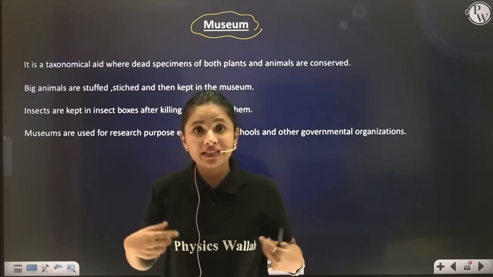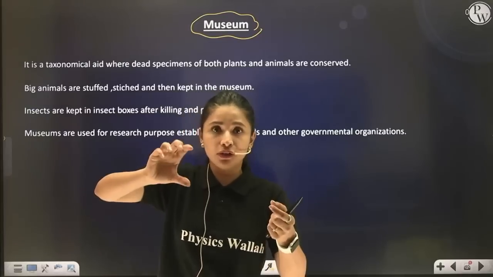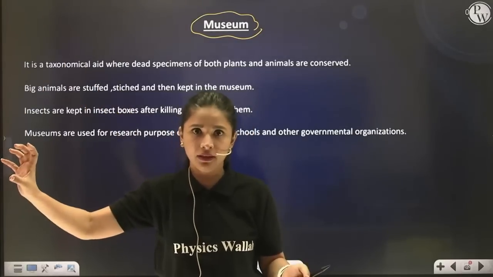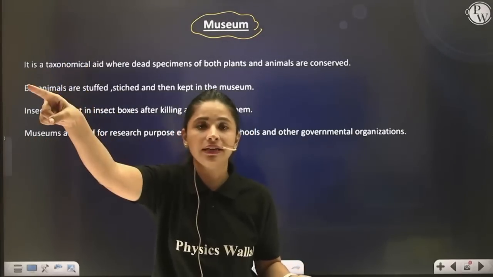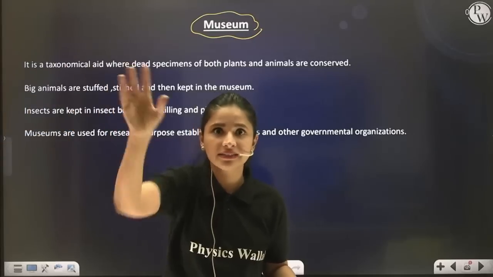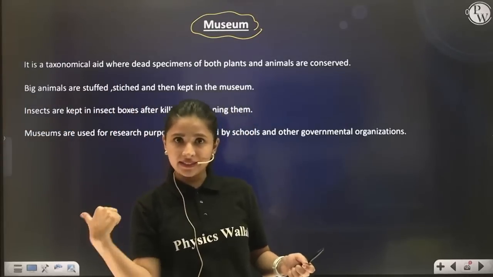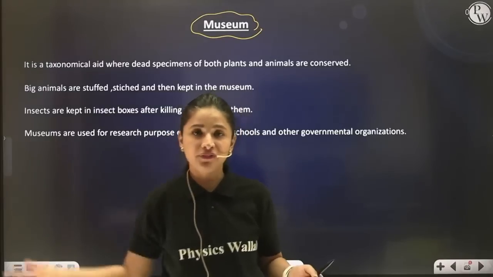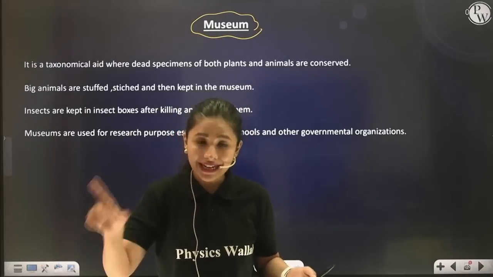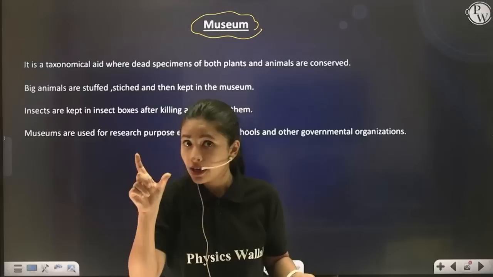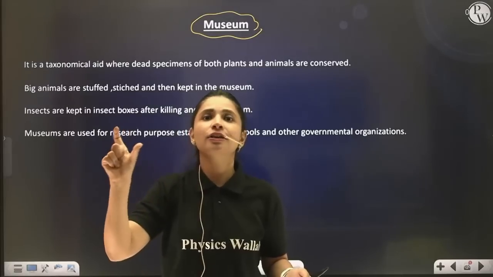You will find the skin of an animal, you will find the skeleton of an animal, but you will not find the real lion or tiger or deer inside a museum. You may find the skin, you may find their bones, you may find their skeletal system. So dead specimens are conserved or preserved in the museum.